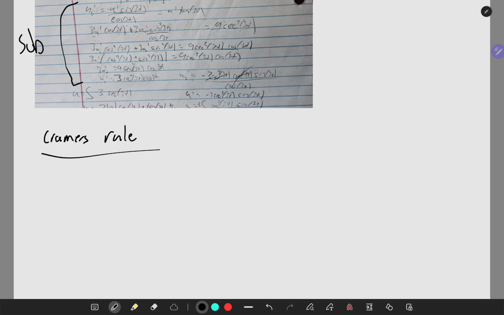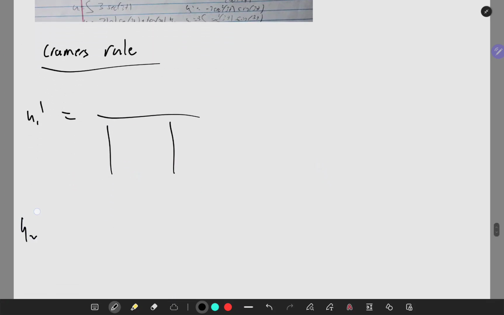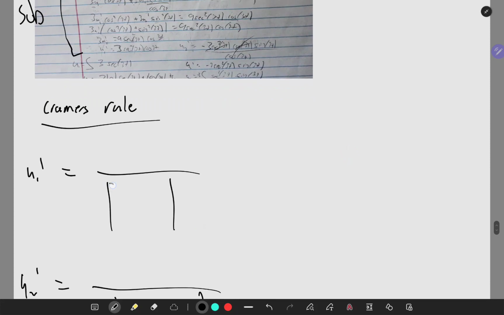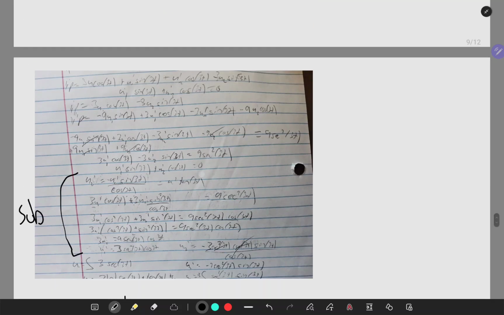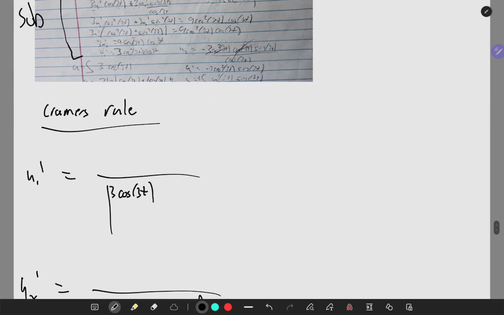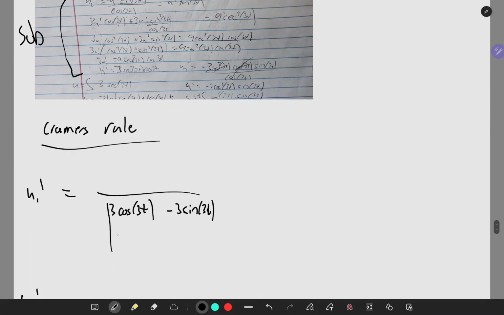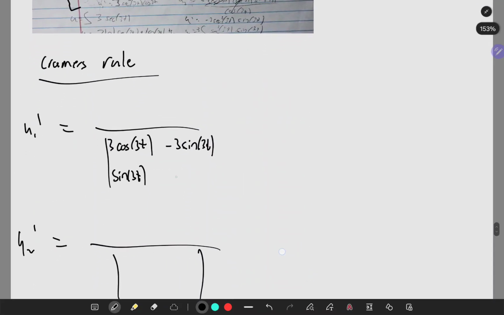So U1 prime and then U2 prime. The denominator would be 3 cosine 3t, negative 3 sine of 3t, sine 3t, cosine 3t.